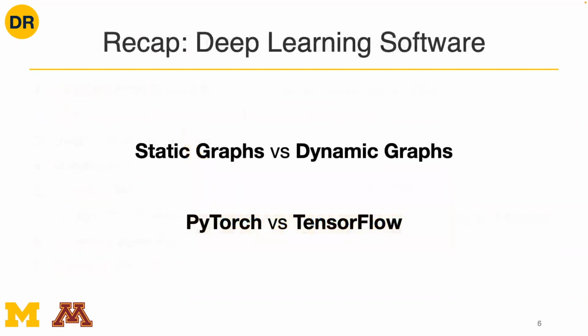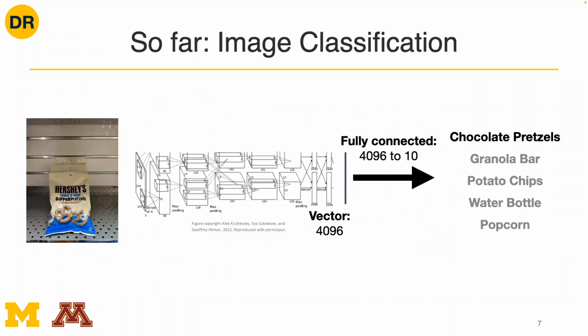So in the previous lecture, we talked about deep learning software, and specifically we talked about PyTorch and the computational graphs, static versus dynamic features, and so forth. And in general, overall in the lectures, we've been talking about image classification.